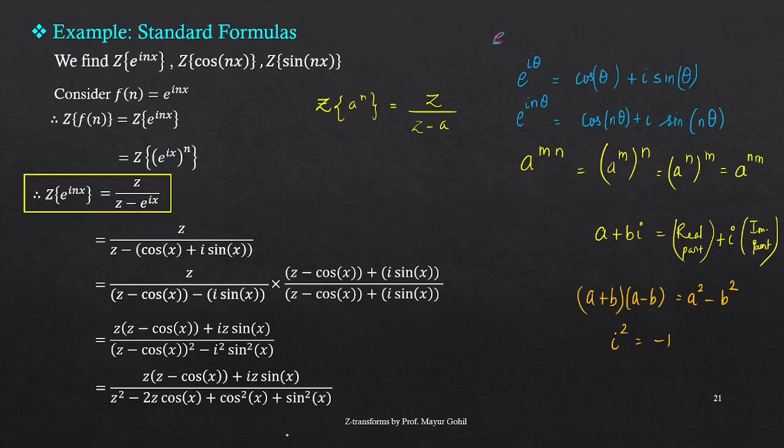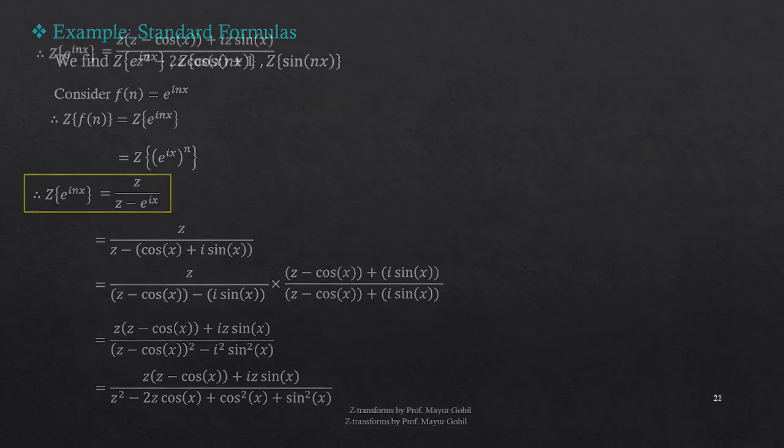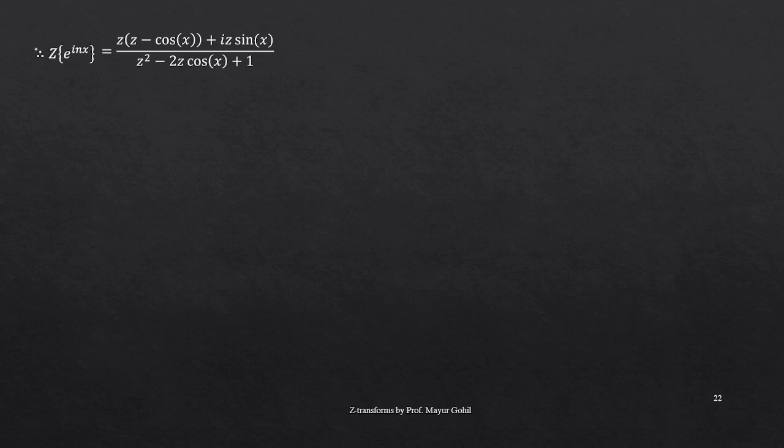On simplification of this, we get the following answer, that is z times (z minus cos x) plus i times z sin x over z square minus 2z cos x plus 1. Okay, we got this.